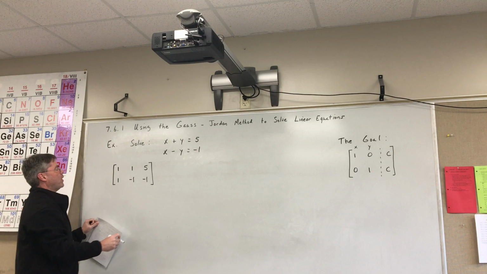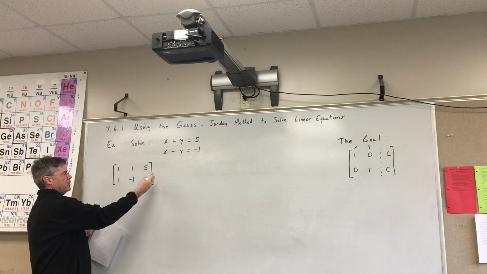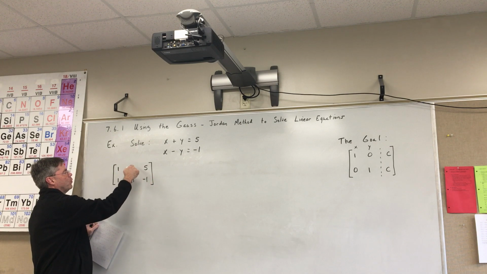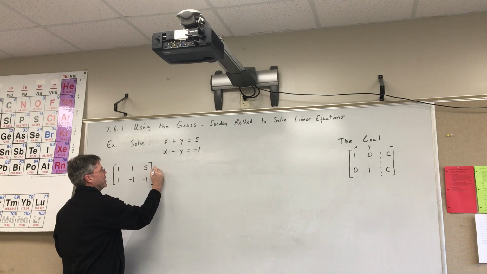Okay, so what I want in this top row is a 1, a 0, and something. So if I add row 1 and row 2, that's going to put a 0 right here. So I like to put the instruction right outside the row.